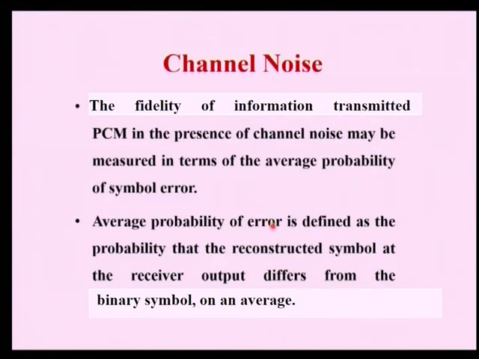So, this average probability of error is based on the number of bits transmitted at the transmitter and the number of bits received correctly at the receiver. For example, if 10 bits are transmitted and all 10 bits are received correctly, then there is no error.